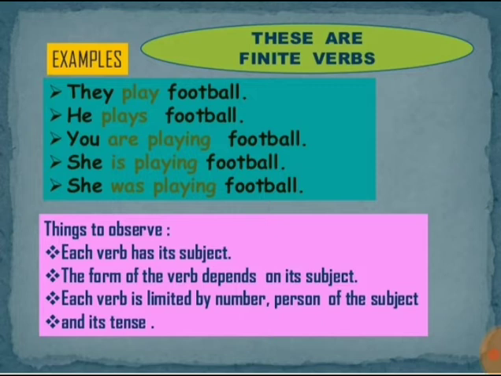Now each verb has its subject. If you observe in these sentences, the verb form depends on its subject, okay, which verb is to be used. Each verb is limited by number, person of the subject and its tense, okay. In present simple tense, different verb. In past it is different.